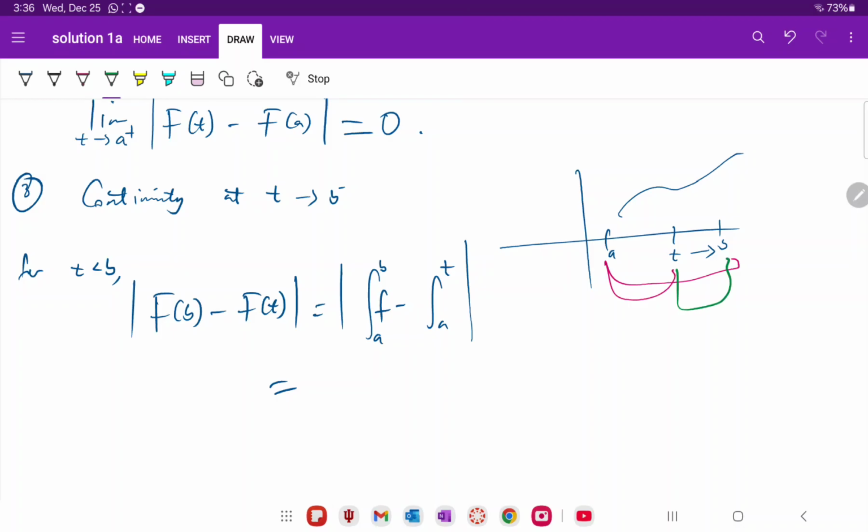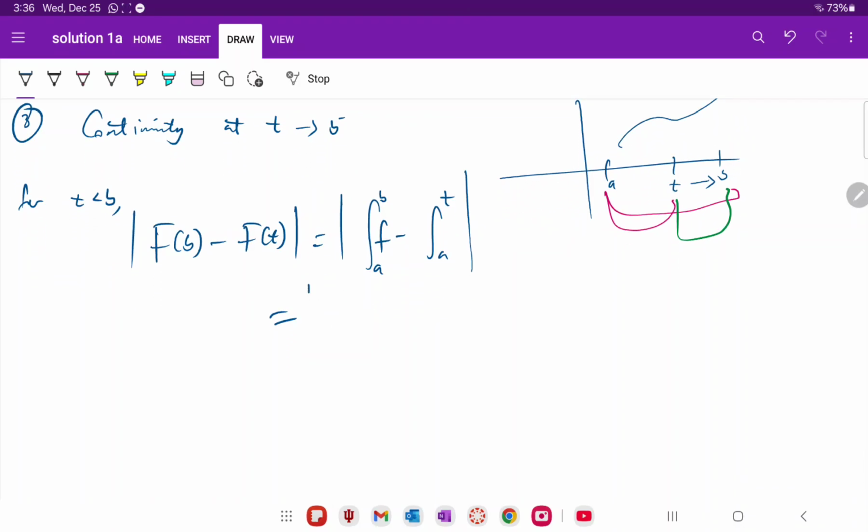t to b. So that means we have the modulus of the integral from t to b of f. By the same thing, we can bound this with M, which is the bound of f, times the length of the interval.